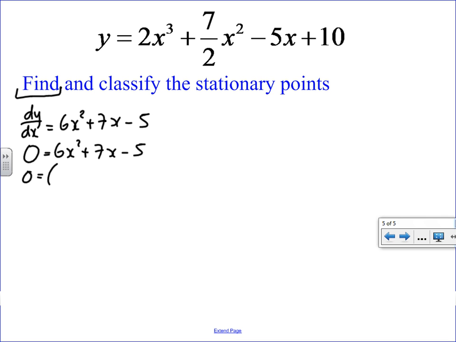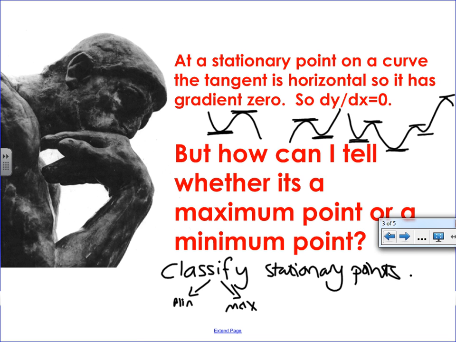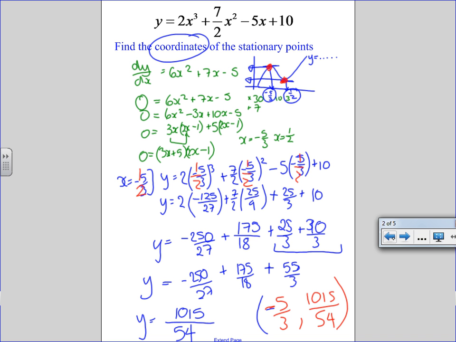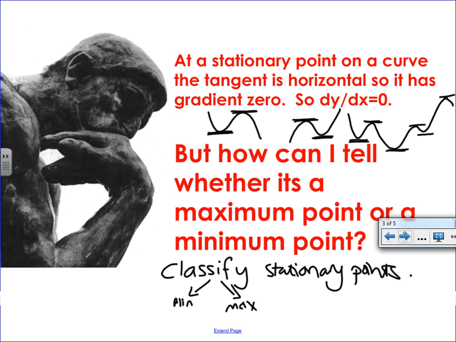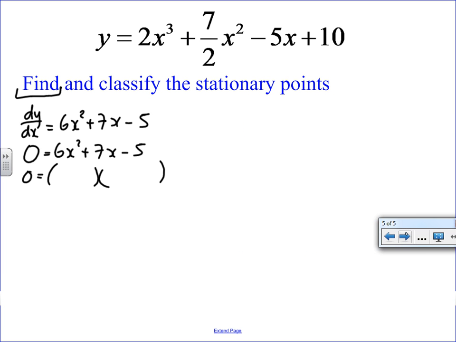And solve. Can't remember. Let's cheat. We did it a minute ago, didn't we? What was it? 3x plus 5 into x minus 1. So we find out that x is minus 5 over 3, or x is a half.